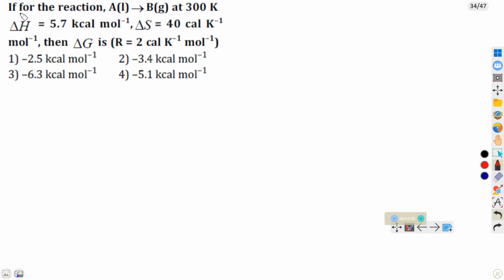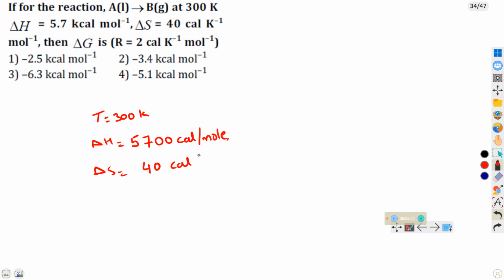If for the reaction A gives B, temperature is 300 kelvins, delta H is equal to 5.7 kilocalories, which can be written as 5700 calories per mole. Delta S value is given as 40 calories per kelvin.